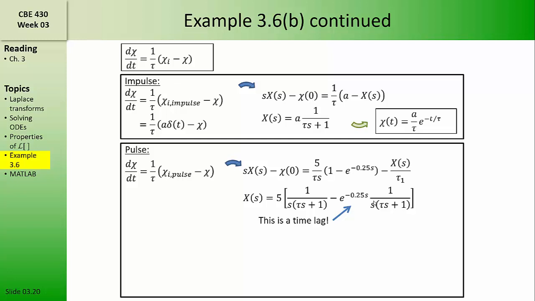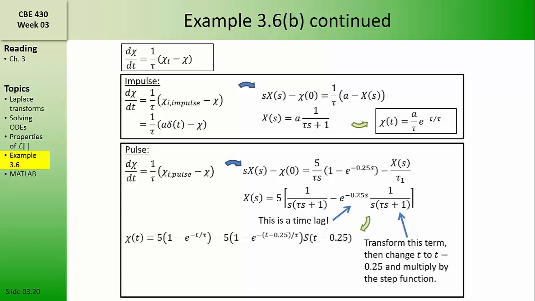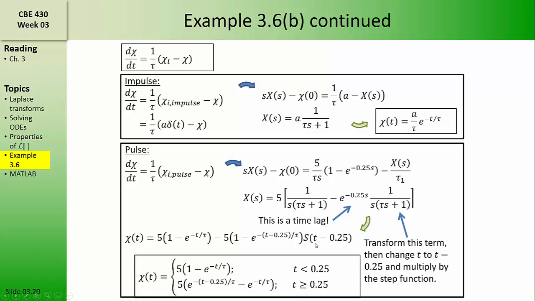In order to invert this back to the time domain, we need to change all of the t's to t minus 0.25 and then multiply by the step function. The result is the sum of two exponential decays, one of which is delayed in time and multiplied by a step function. Or we can write this as a piecewise function for t less than 0.25 and t greater than or equal to 0.25.